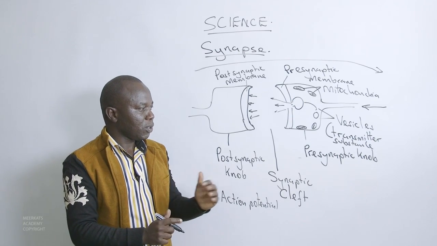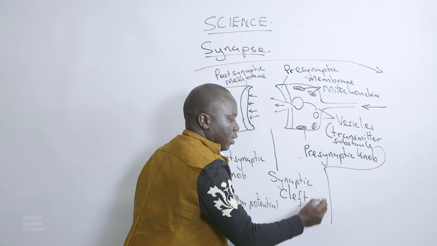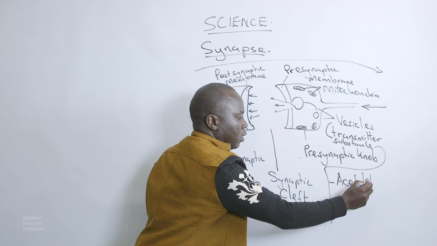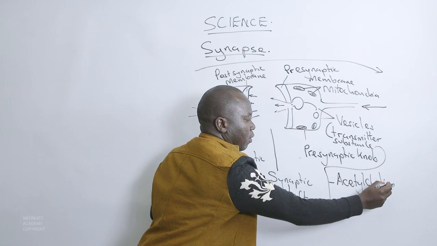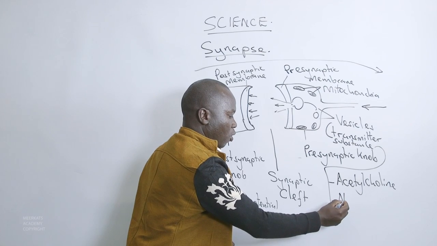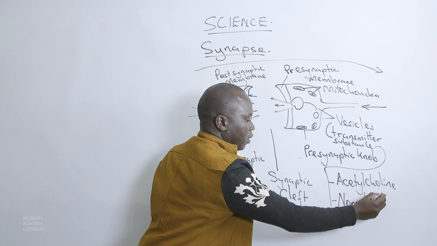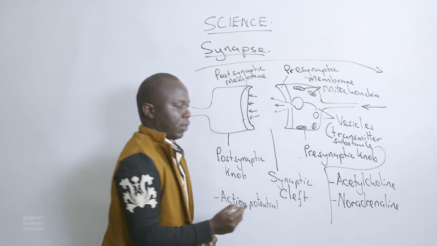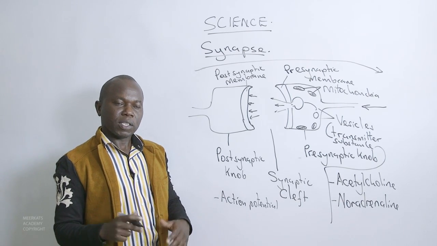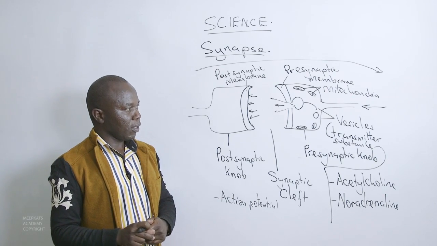We are going to look at two types of substance. One of them is called acetylcholine. Another substance is called noradrenaline. Sometimes in other literature, it will be cited either as acetylcholine or noradrenaline.